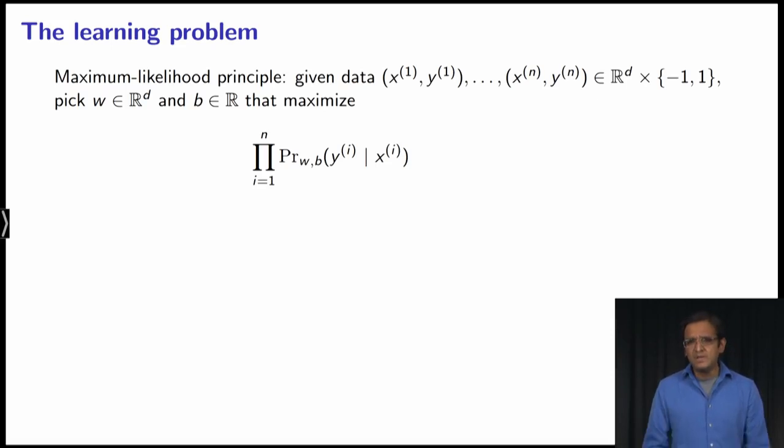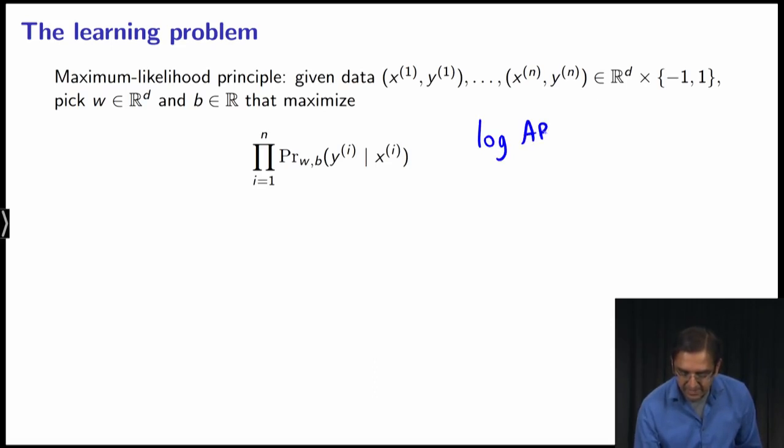Now, one little problem over here is that this function we're trying to optimize has got this big product in the front, and this can be a little bit inconvenient. It would be simpler if we were instead dealing with a sum. So how do we go from a product to a sum? Well, we just take the logarithm. If you remember, the logarithm of a times b is the log of a plus the log of b.